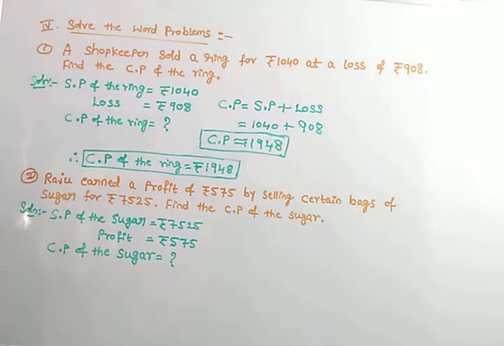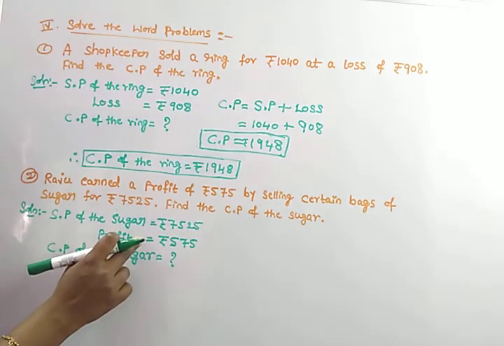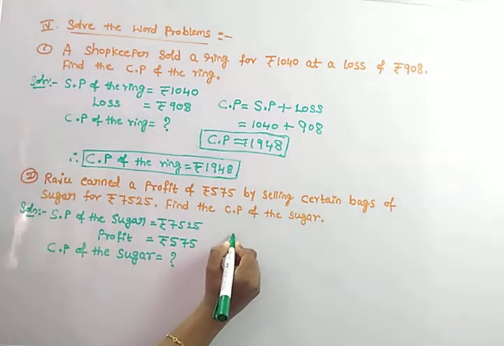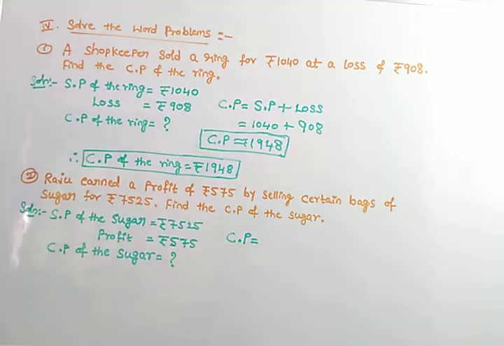So which formula we have to use? Students, here profit is given. So in case of profit, we need to find the CP. So use the formula, that is CP is equal to SP minus profit.